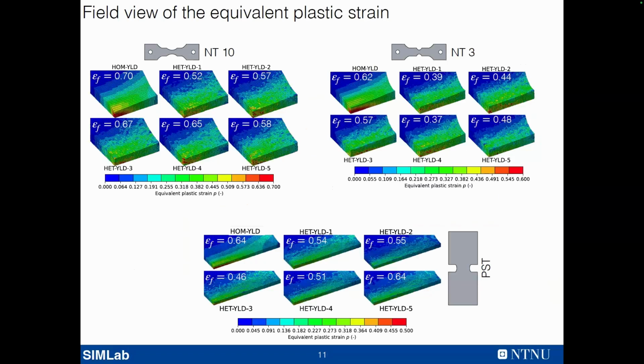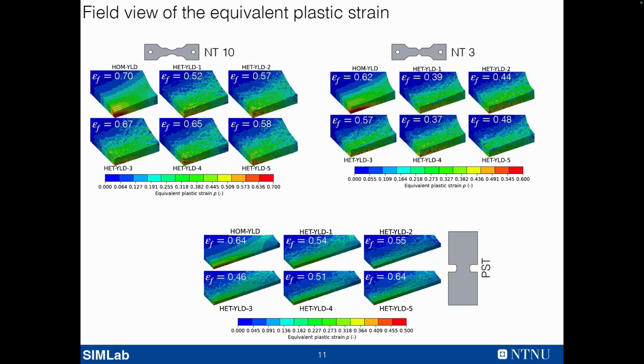If I plot the strain fields again on the same type of specimen, we see a pretty similar outcome as before. The homogeneous yielding gives a very smooth distribution of the strain field. The heterogeneous one has a lot more gradients on the surfaces.